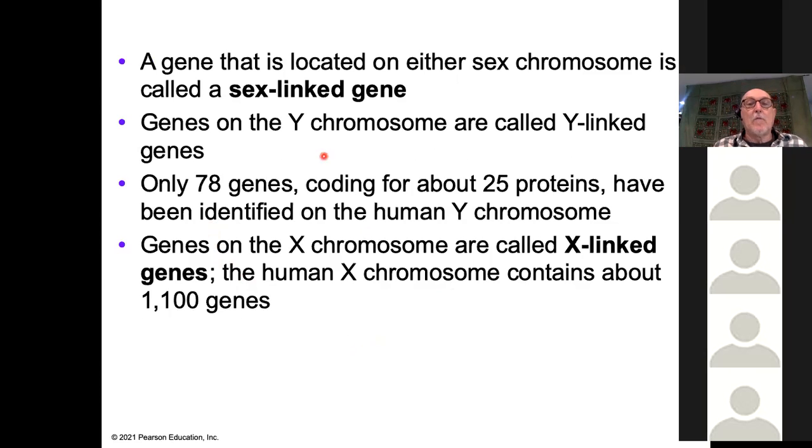Now, on the Y chromosome, there are about 78 different genes, and they code for just a few different things, but very importantly for the sex determination. That's the most important responsibility of the Y chromosome. And the X chromosome is a completely normal chromosome. It's the normal size. It has about 1,100 genes, far, far more than the Y chromosome has.